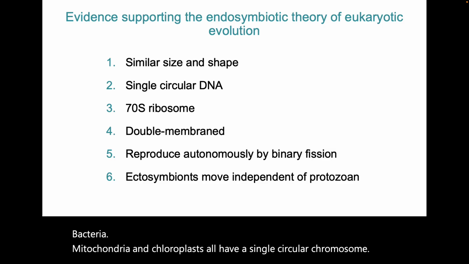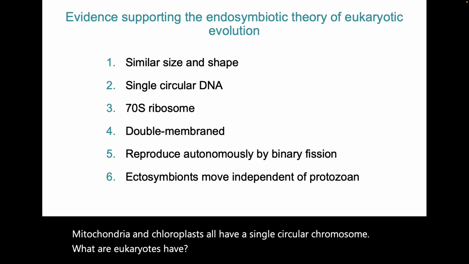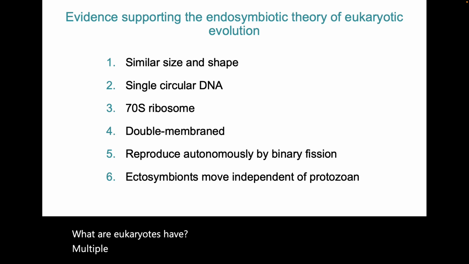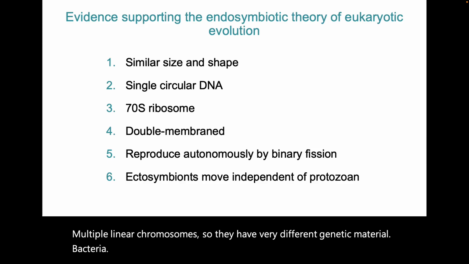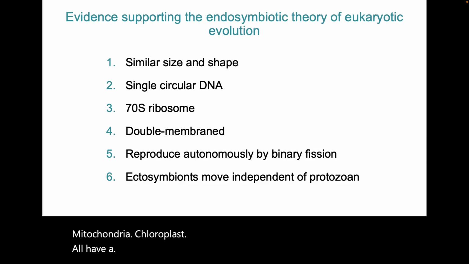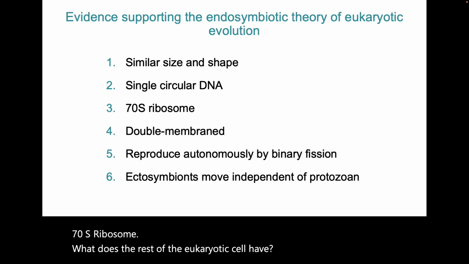What do eukaryotes have? Multiple linear chromosomes. So they have very different genetic material. Bacteria, mitochondria, chloroplasts all have a 70S ribosome. What does the rest of the eukaryotic cell have? 80S. So different ribosomes.